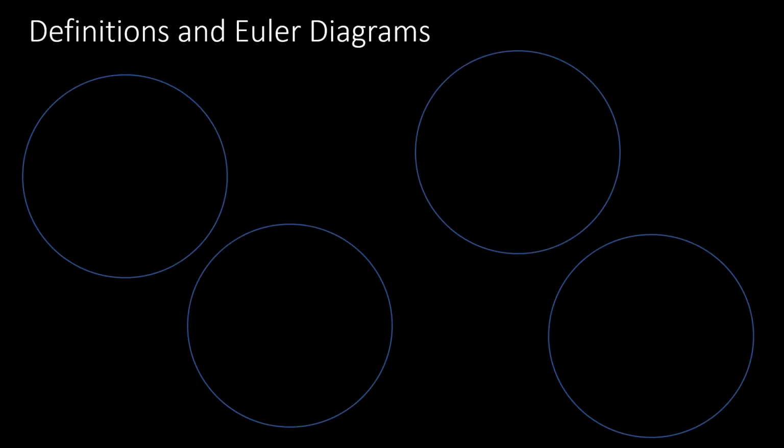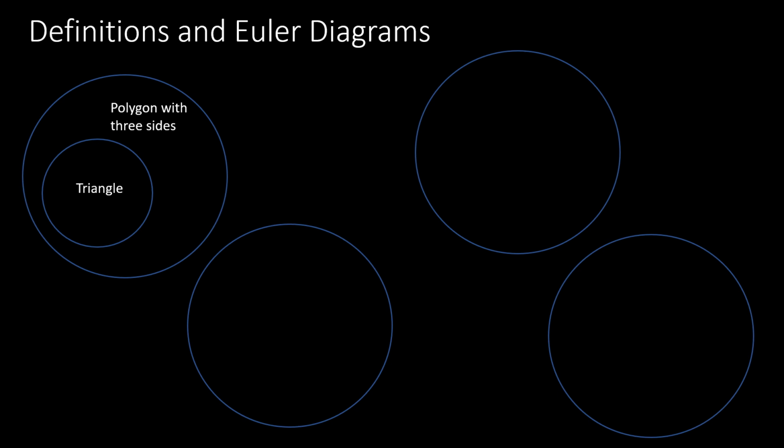So finally, let's use Euler diagrams to help us determine whether or not a conditional statement is in fact a definition. So recall our statement about triangles and polygons with 3 sides. If we start with our first statement that if a figure is a triangle, then it is a polygon that has 3 sides, we can put triangle here in our first circle, and polygons with 3 sides goes in our second circle, our larger circle.